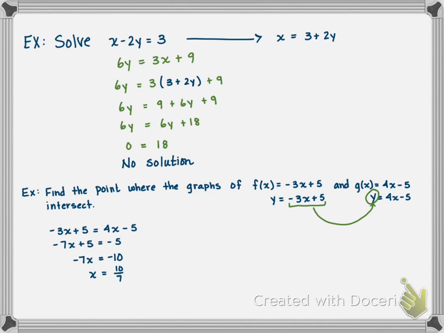So once you have your x value, to get your y value, you can just plug it into either one of the functions. So I'll evaluate f of 10/7 plus 5. It's not very pretty, but negative 30 over 7 plus 5 is 5/7.